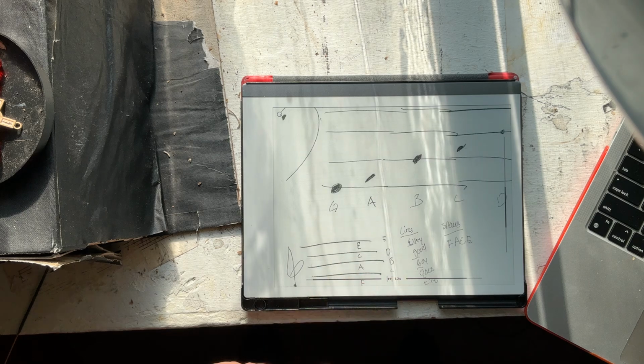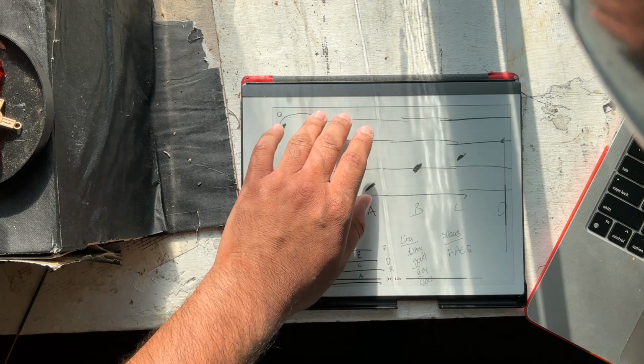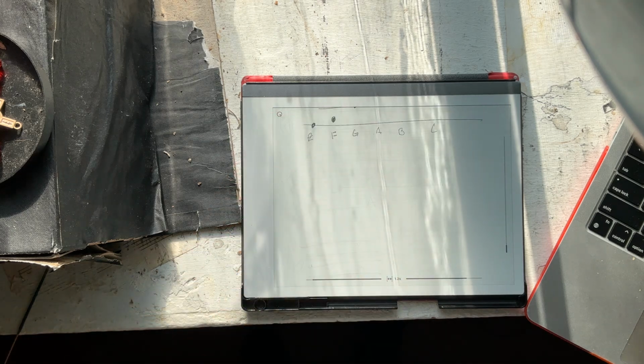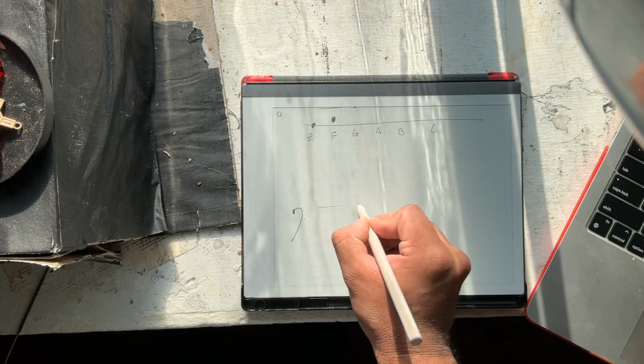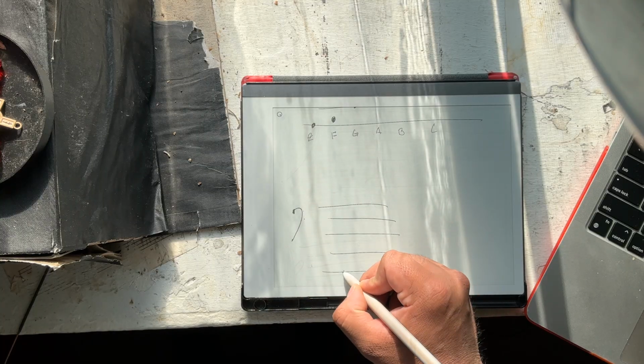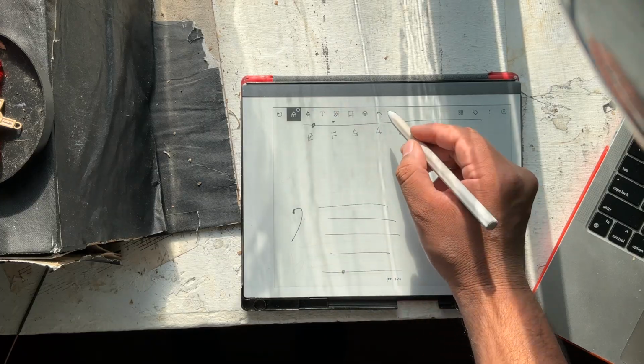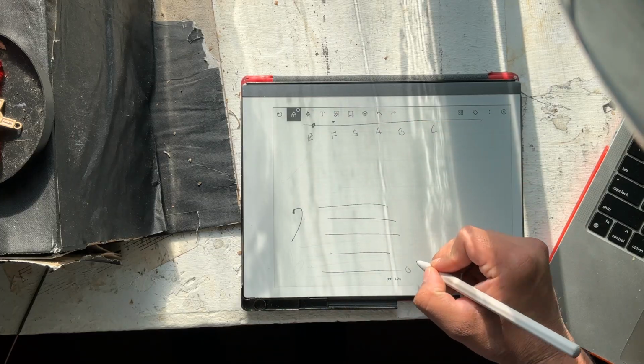Perfect. Now for bass clef, I'll just drag it down here again. For bass clef, it's going to be a little different.